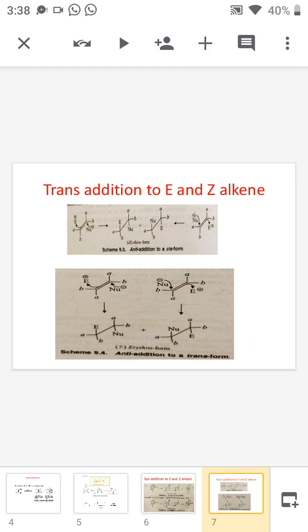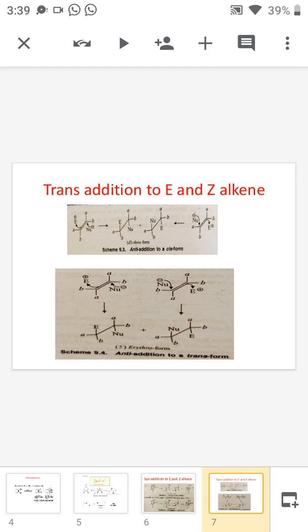If you are adding a polar molecule to a Z alkene in the opposite direction, that means anti-addition, what will happen? We will get a threo form. That means the electrophile approaches the alkene on the top, and the nucleophile approaches in the bottom. So we will get the threo form as the final product.